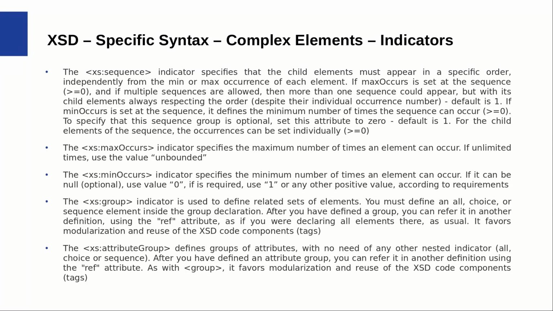As with the group element, it favors modularization and reuse of your XSD code components, and it's even easier than the group element because you don't have to use any ordering indicator.